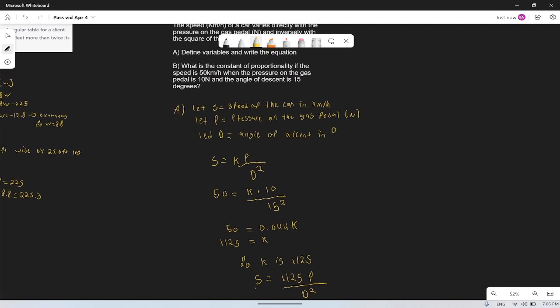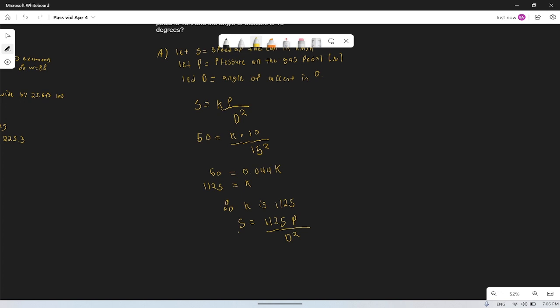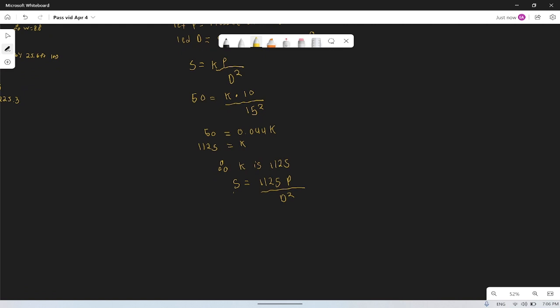Another part of this question might ask you to substitute in some values. Once you find your constant of proportionality, like say, what is the speed if the pressure is 15 newtons and the angle is 30 degrees.